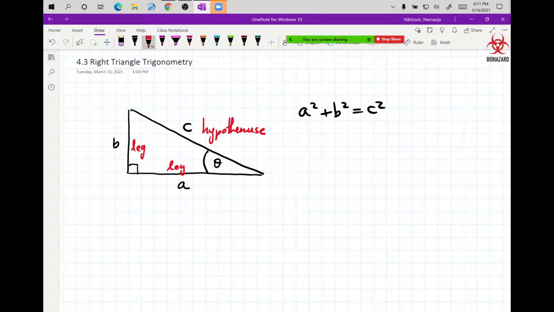In addition to this, we are also going to use two more words here. The leg that is touching the angle theta will be called the adjacent. And the one that is not touching the angle is going to be called opposite.